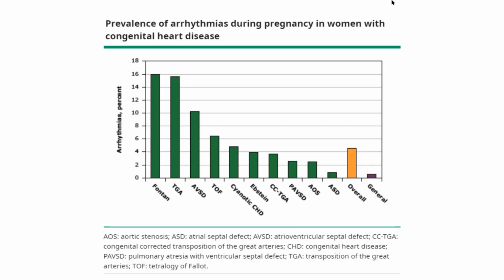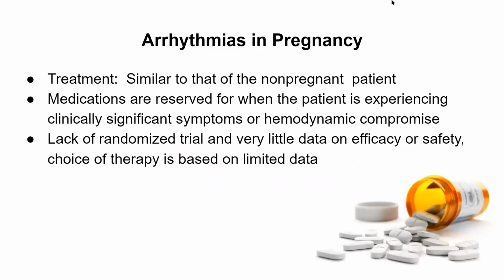You can see here, if they have Fontan or TGA or AVSD, they have a higher increase for having an acquired arrhythmia during their pregnancy. Overall, if they just have cardiac disease, it's lower. The worse the classification, the more at risk they are for having arrhythmias.